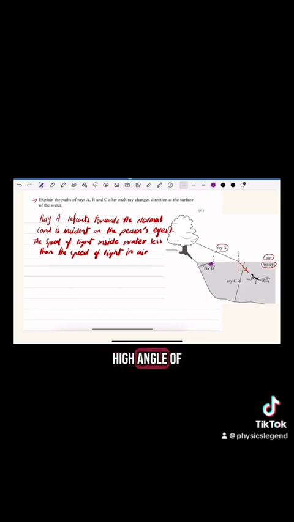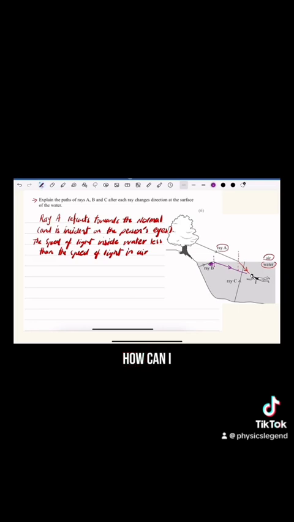It's a really high angle of incidence. The examiner mentioned in the introduction that the rays, or the extension of these rays, go directly toward the person's eye. So the ray B reaches the diver's eye.